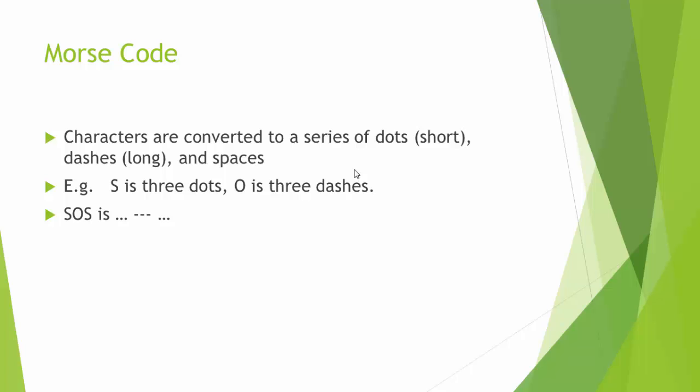So SOS, the universal call for help, would be dot dot dot, dash dash dash, dot dot dot. Let's see if I can do it with the microphone. All right, well, that'll be an interesting experiment to see how that sounds on the video.